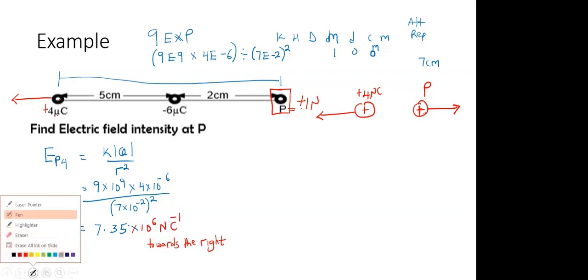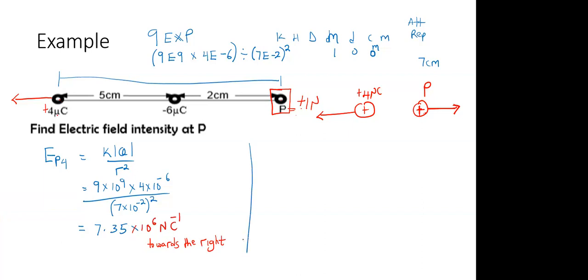Now we are going to continue. Then we are going to find the electric field intensity acting at point P due to the negative 6. Still, we shall say K, magnitude of charge, divided by R squared. So we continue and say 9 exponent 9 times our charge, which is 6 times 10 power negative 6, divided by.